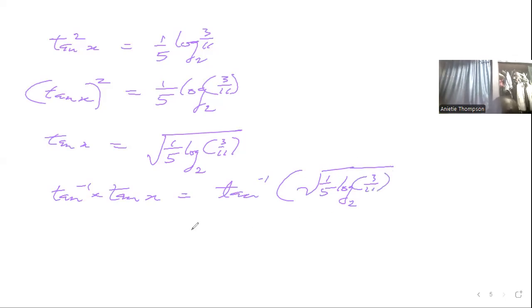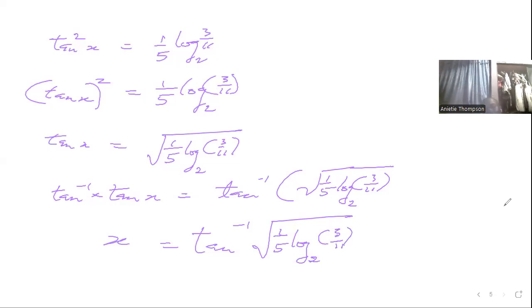Okay, so this and this become x. So x, therefore, equals tan inverse of square root of 1 over 5 logarithm base 2 of 3 over 11. So I believe that solution really helps in this problem.